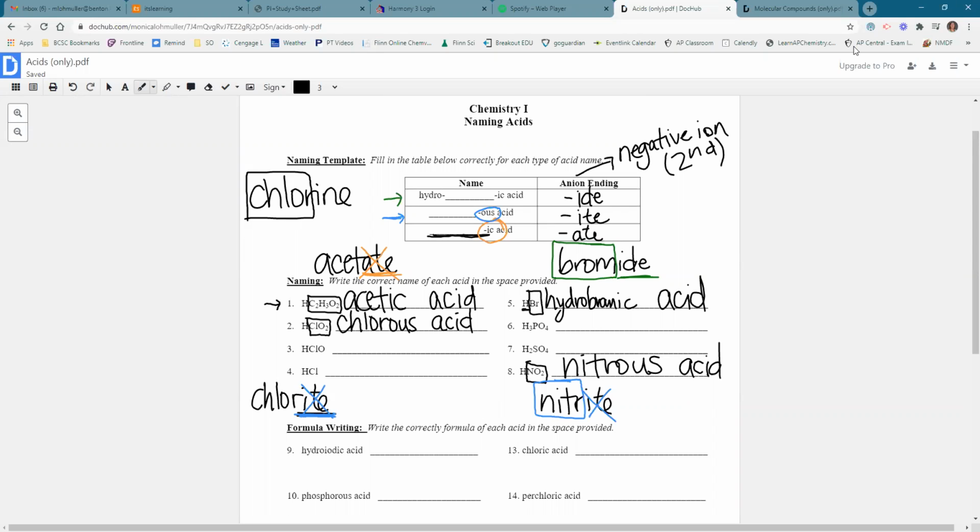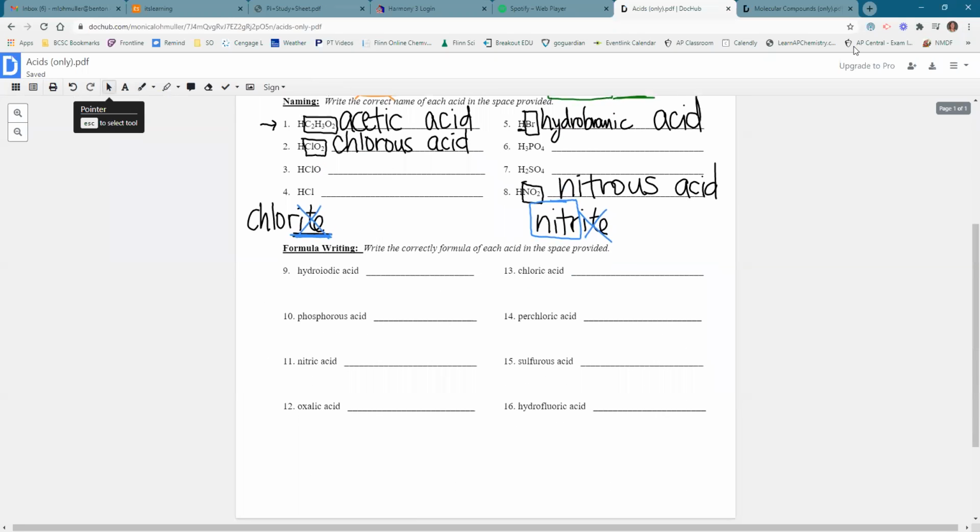For the name, that's not important. But the reason why the 3 and the 2 are there is because of making the charges equal 0. So that comes into play with the formula writing at the bottom for the second part.